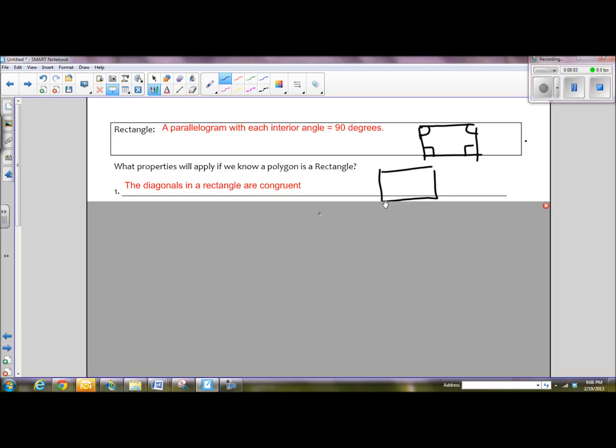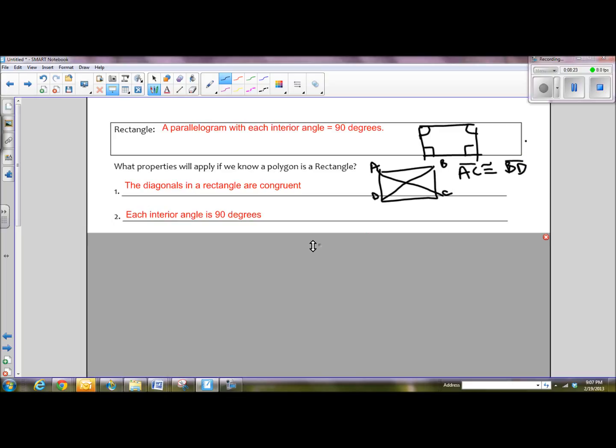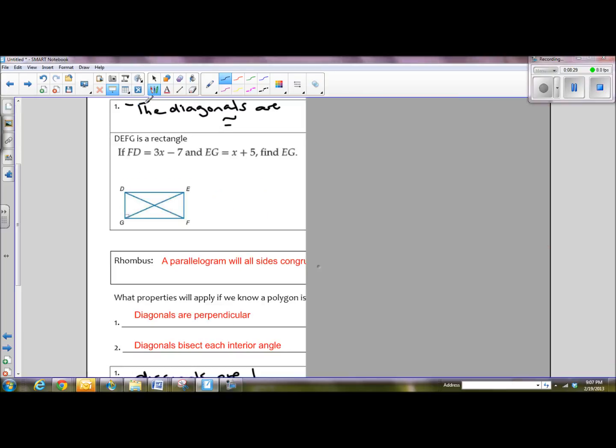So if this is my rectangle, I have A, B, C, D. If I know that this is a rectangle and I have diagonals DB and AC, that means that these diagonals are congruent. The whole diagonal, AC, is congruent to BD. And then of course it's important to remember that each interior angle is 90 degrees.